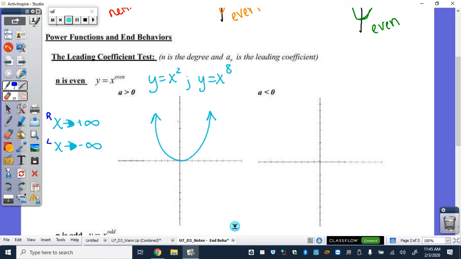So that's our new notation for right side, left side. As we're going either to positive infinity or negative infinity, which way is the graph going? Yeah, the graphs on both sides are going up. So as x is going to positive infinity or as x is going to negative infinity, y is going to positive infinity, y is going up.